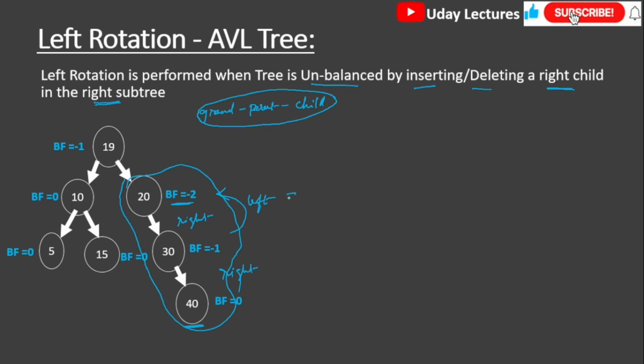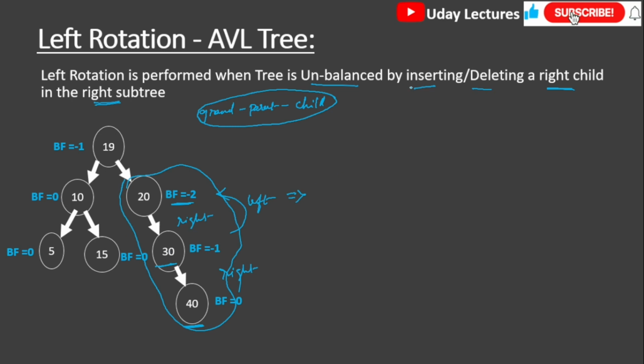So in left rotation, this 30, the intermediate node between grandparent and child, which is the parent node, will become the root node, and then 20 will become the left child of 30 and 40 stays as right child. And this is how the tree is going to be changed.